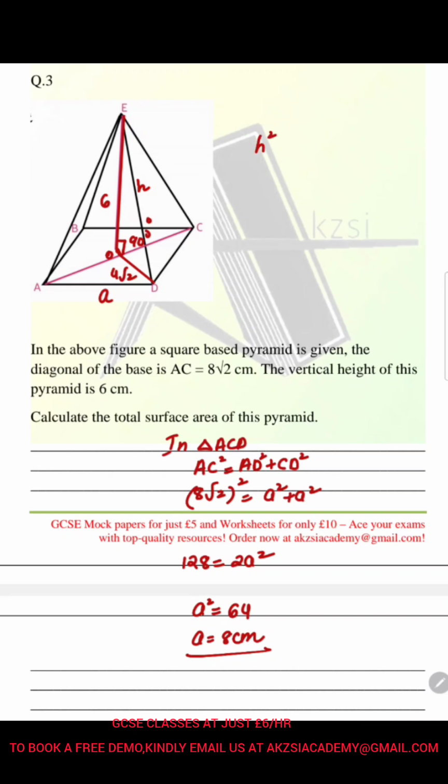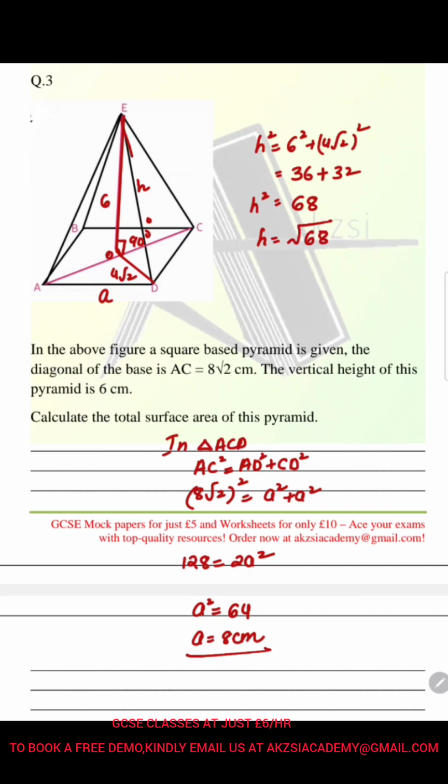So h squared is equal to 6 squared plus 4 root 2 whole squared. So 36 plus 16 times 2, which is 32, which is 68. So h squared is 68. From here, h is equal to root of 68.